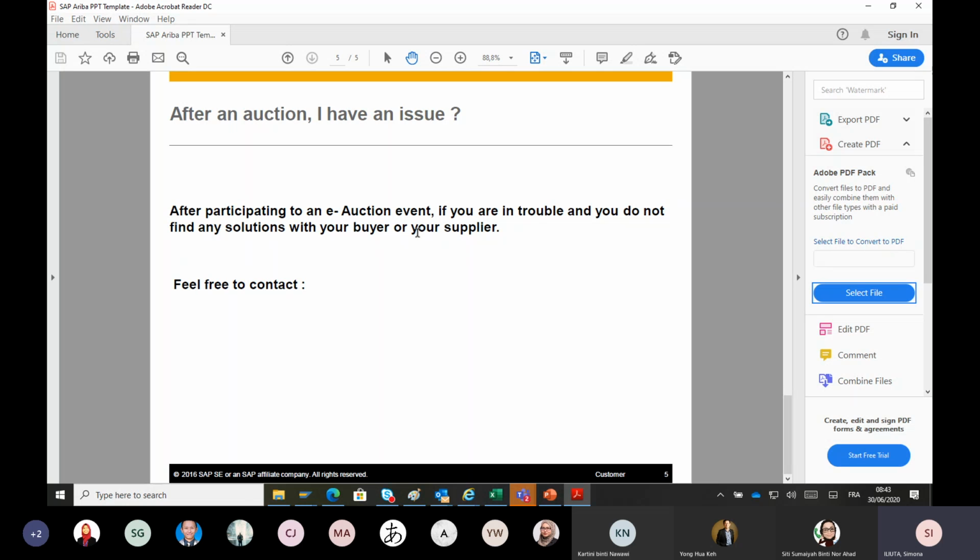But please make sure that you have such a document so that things are transparent between you and the supplier organizations. And if, for instance, there is conflict, or you do not find a solution for an auction, we usually say, here is a contact that you can use when we have some problems in an auction.